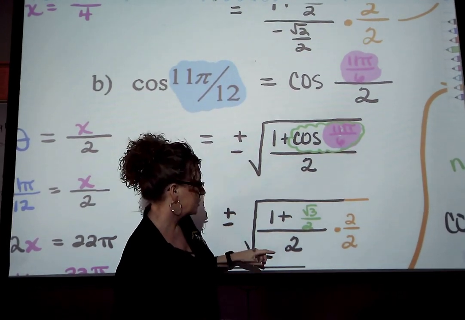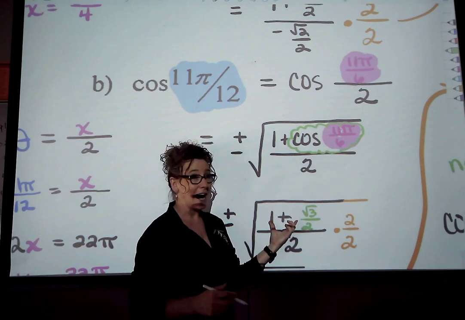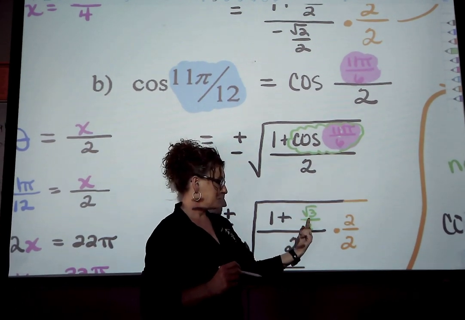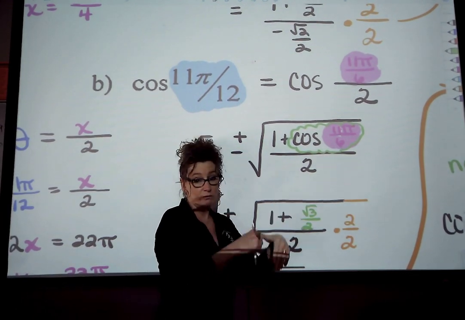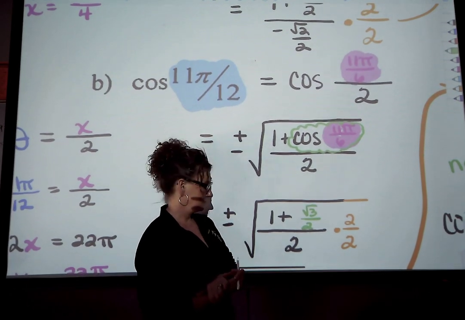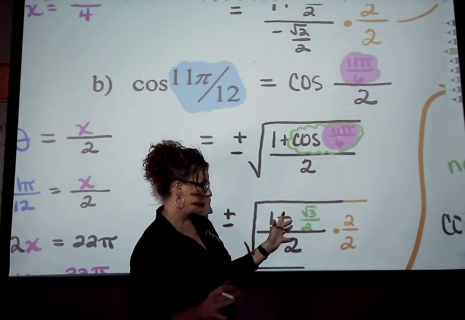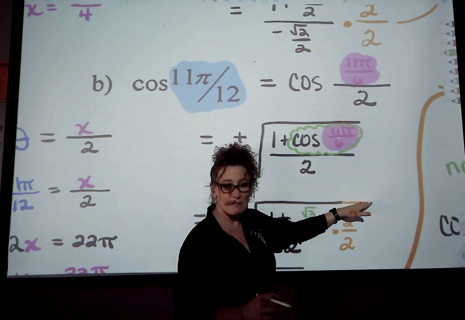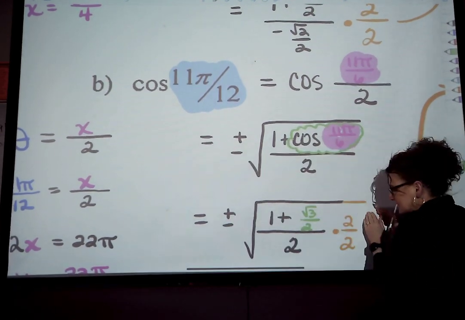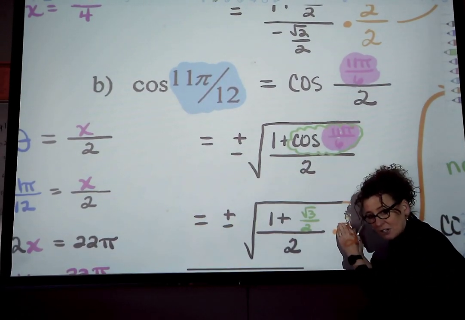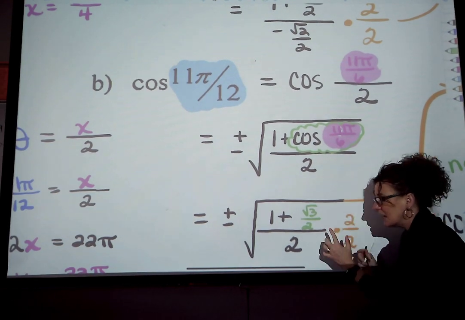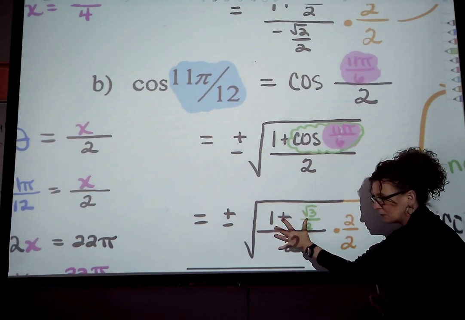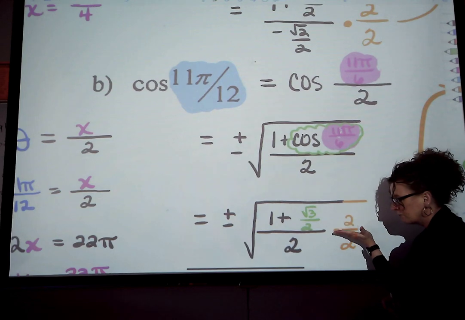Now here's what I'm going to do. Again, I've got a miniature fraction within a fraction under a radical. So I'm going to fix my fraction first. Notice I extended my radical just a little bit, and I just came in here and I tucked under, and this is perfectly legal. I'm going to multiply this fraction by 2 over 2.